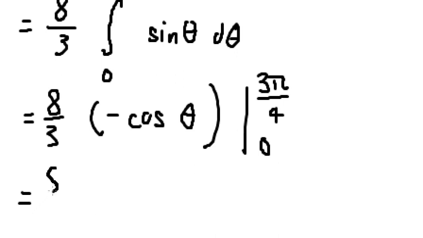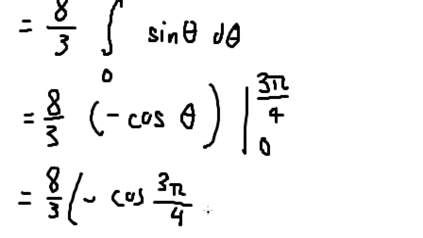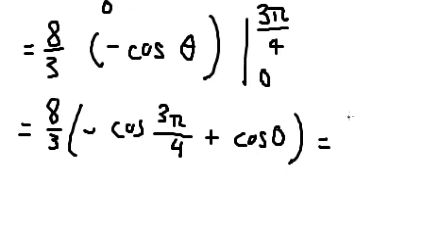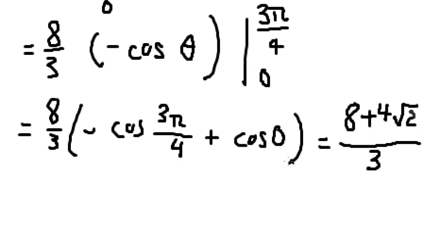So we have negative cosine 3 pi over 4 plus cosine of number 0, and we have 8 plus number 4 with the square root of number 2 over number 3, and this is the final answer.